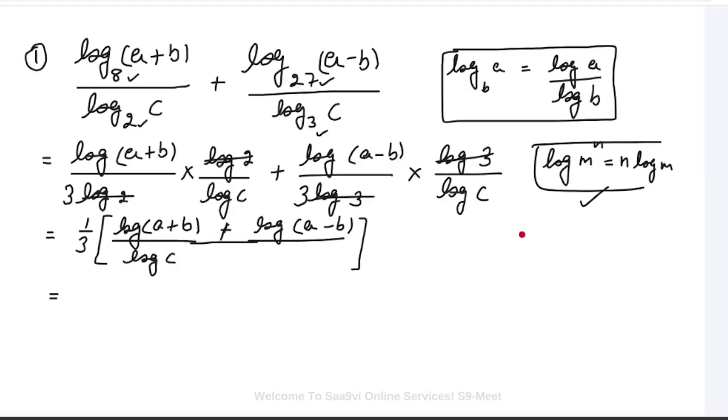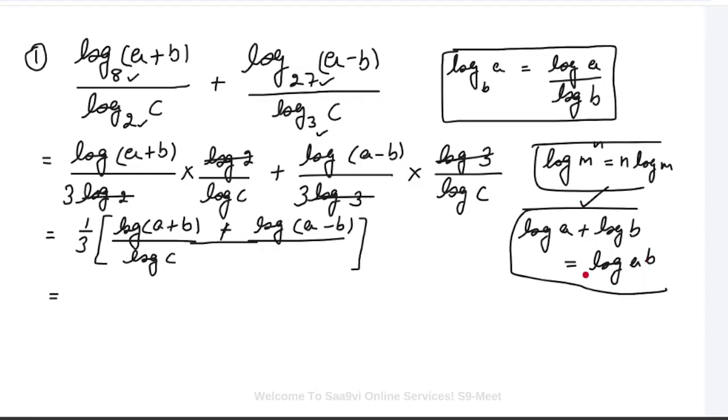Now there's another property which says log A plus log B is equal to log of A multiplied by B. Let's use that property at the top.